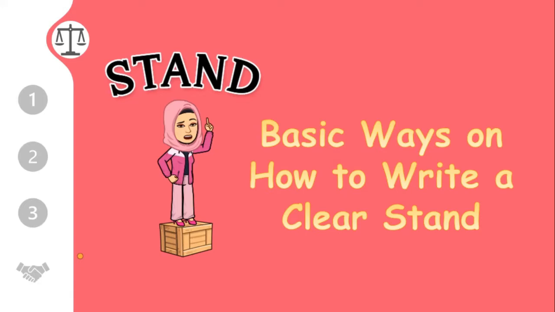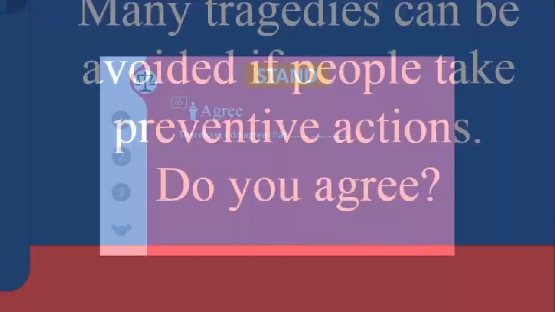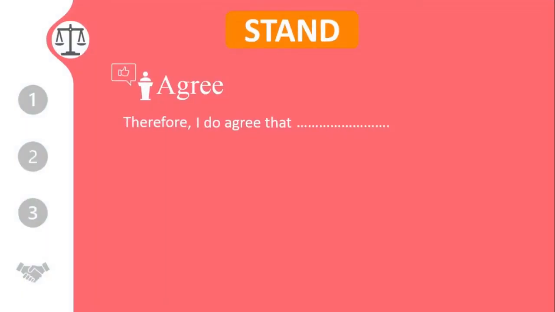We will use this sample question to begin with. Many tragedies can be avoided if people take preventive actions. Do you agree? If you agree to the statement, then the basic way in which you can write a clear stand would be to begin with an appropriate cohesive device. Then point out your clear stand, followed by the topic of discussion.